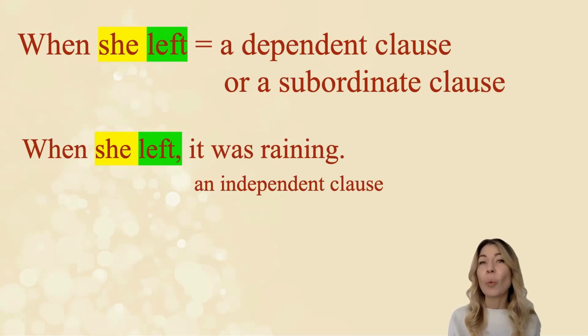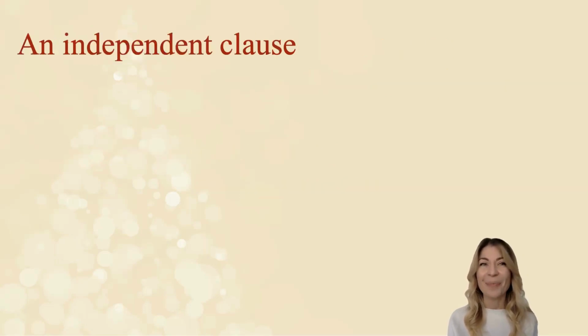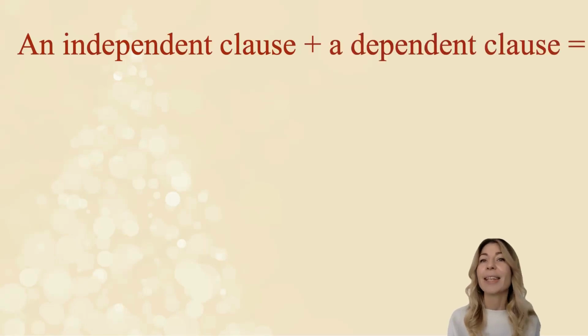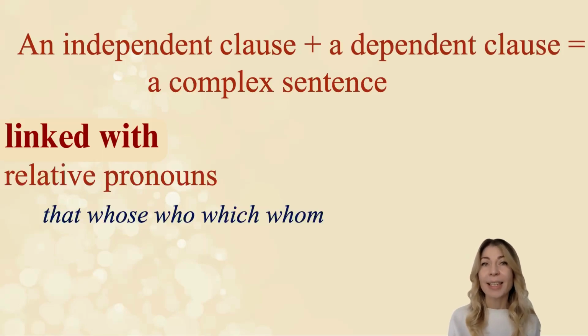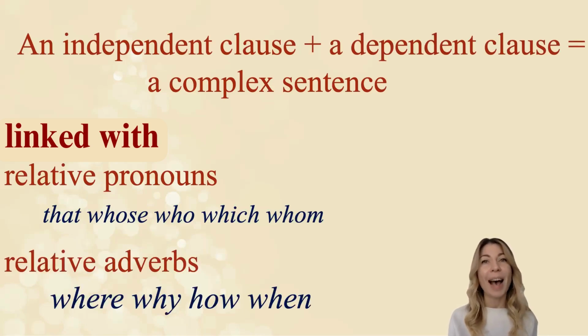So now when you know what a dependent clause and independent clause are, let me show you something else. An independent clause and a dependent clause form a complex sentence. And these sentences can be linked with relative pronouns that, whose, who, which, whom, or relative adverbs where, why, how, when.